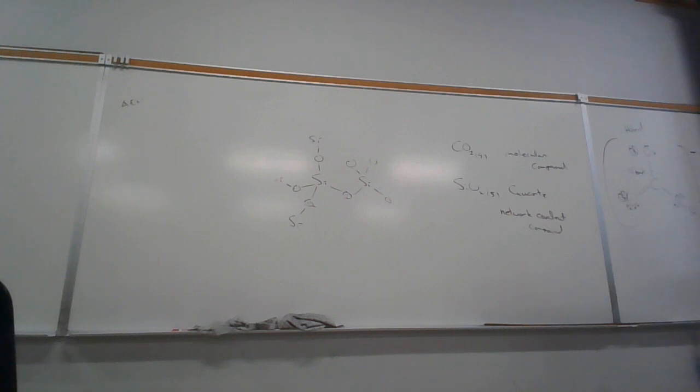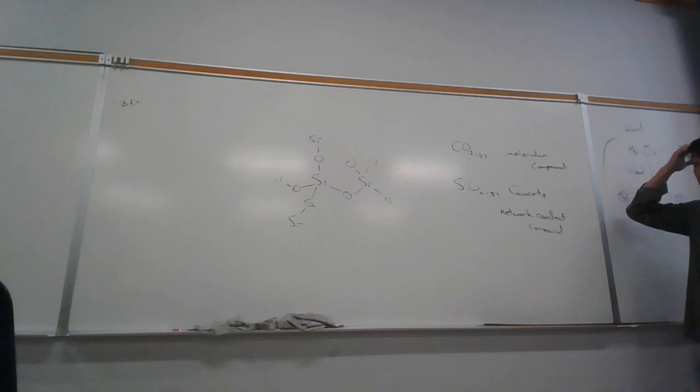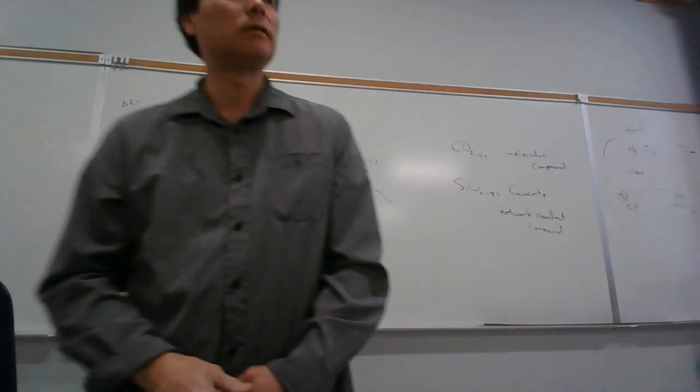So this is all held together by covalent bonds. Here's a close-up view of the silicon bonded to 4 oxygens, but each oxygen is bonded to 2 silicons. So that's what we end up with. And then we have ionic lattices, which we talked about earlier. We looked at an ionic lattice from earlier.